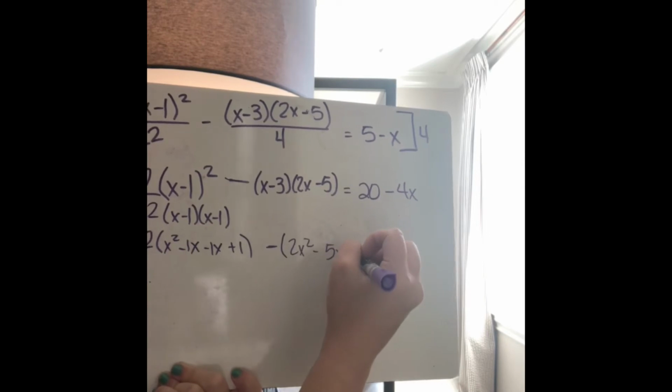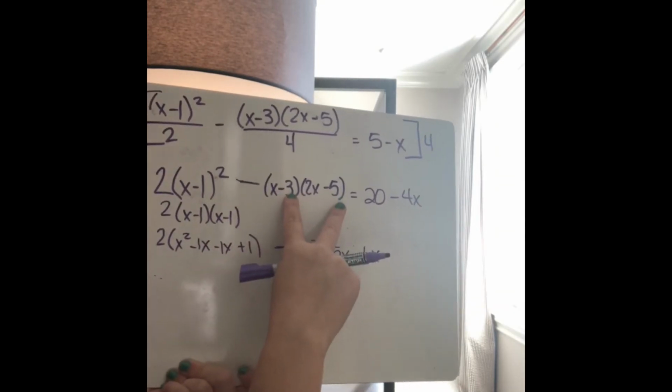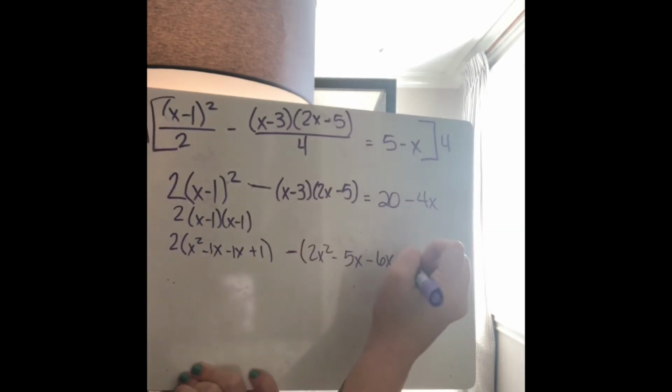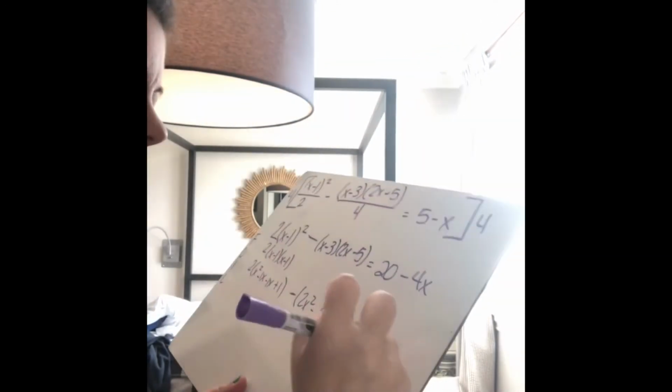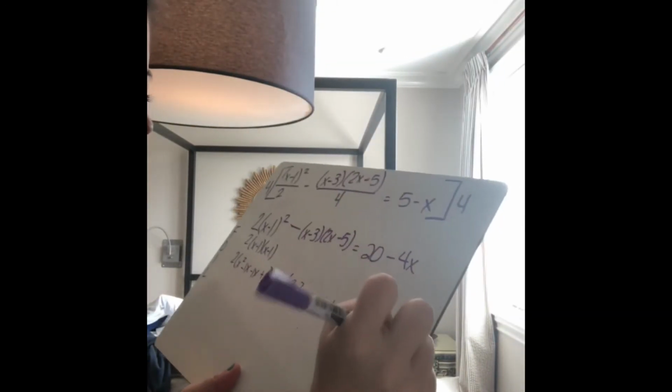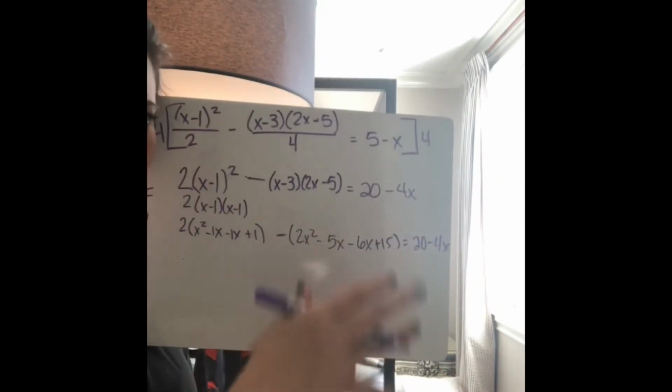So negative 3 times 2x is negative 6x. The last terms, negative 3 and negative 5, is a positive 15. And then we just have the 20 minus 4x. We can't simplify that because they're unlike terms. So we'll just rewrite it.